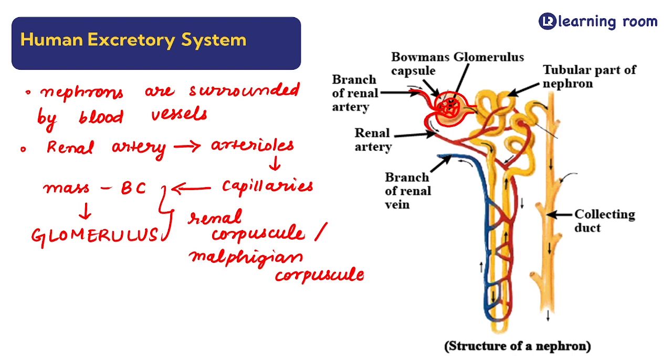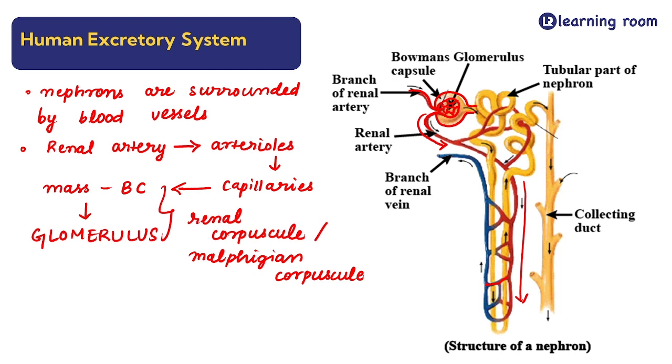Now, the blood that leaves the glomerulus will enter the blood capillaries surrounding the nephron, and they will unite to form venules, which in turn will join to form a branch of the renal vein. As you can see here, the blood is leaving, and then here the arterioles are forming venules, and together they come together to form a branch of the renal vein.